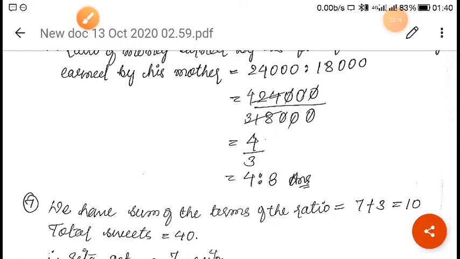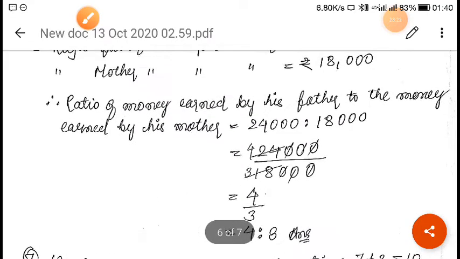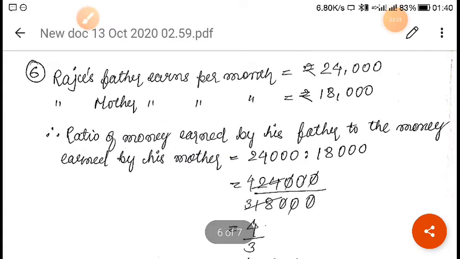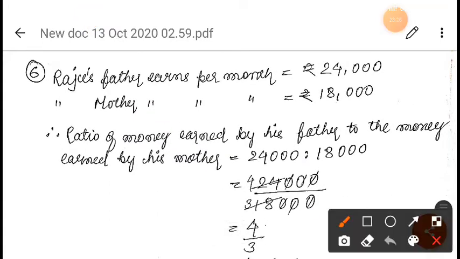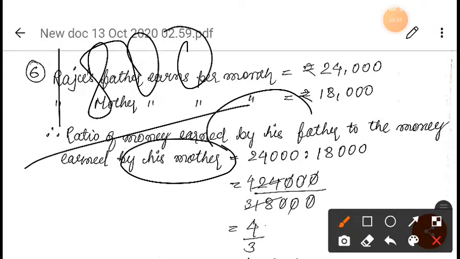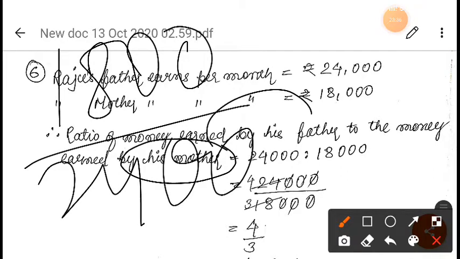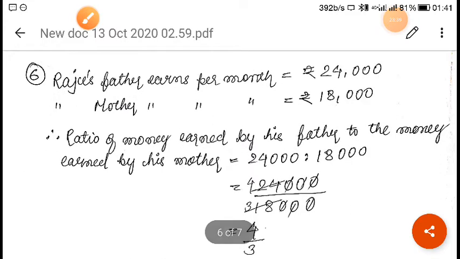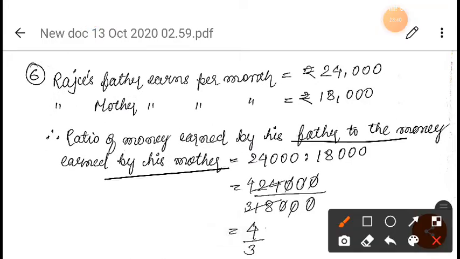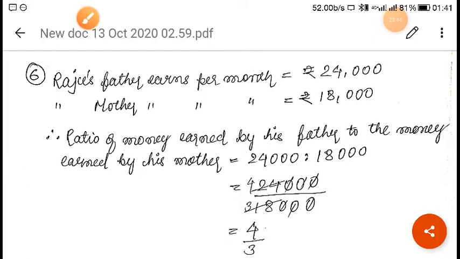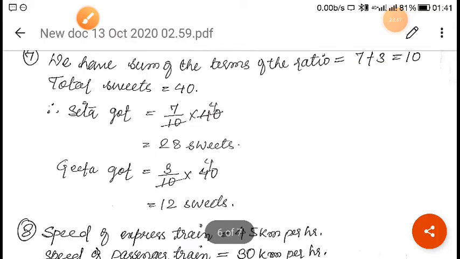If they reverse the question and ask for the ratio of the money earned by his mother to father, then at that time we will write 18,000 above and 24,000 below, right? But here, since they are asking father to mother, we will write 24,000 above and 18,000 below, right?